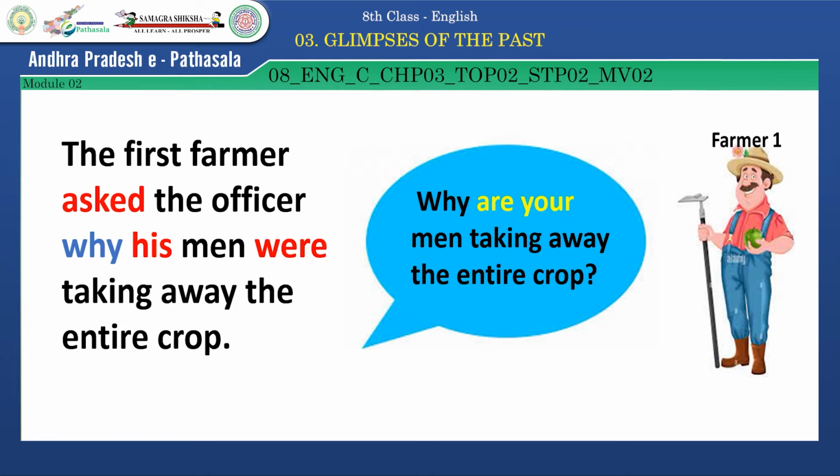So here, because it is a question, we used the word asked and we have repeated the same question word, and then your was changed into his, and the present continuous form, are taking, was changed into were taking. So when we write with the following changes, the first farmer asked the officer why his men were taking away the entire crop.